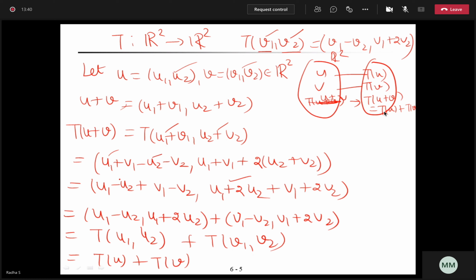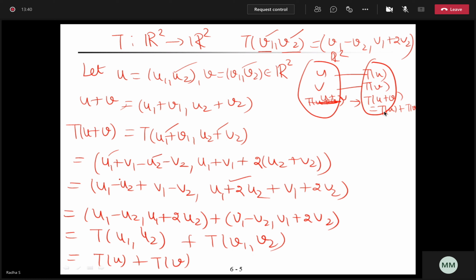Then T of some constant times u, that is T of c times (u1, u2). It is T of (cu1, cu2). What is this looking like? X coordinate comma y coordinate.